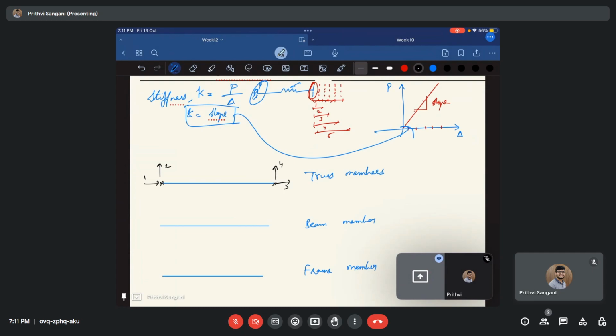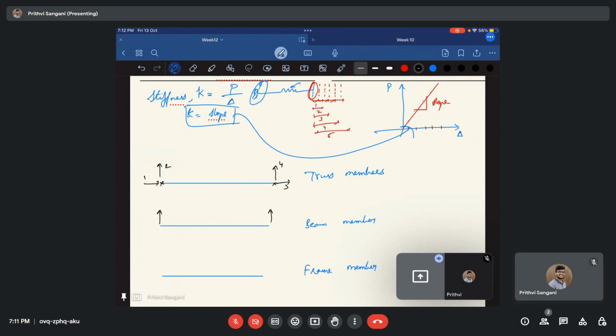And what about the beam? For the beam members, usually we assume that it is carrying gravity loads, right? What does gravity load mean? Gravity load means only the vertical loads. So you can have 1 degree of freedom like this, 1 degree of freedom like this, okay.